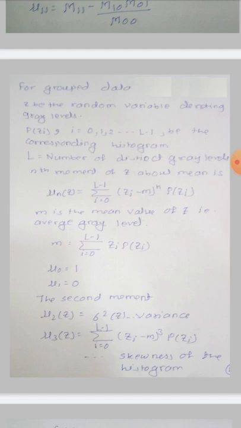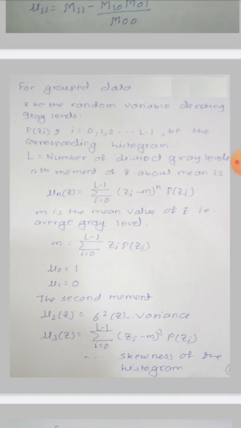Here, two things are given. One is gray level and the second one is the occurrence of the particular gray level. Now, if the data is given in this form, then how to calculate the moment? That is called grouped data.